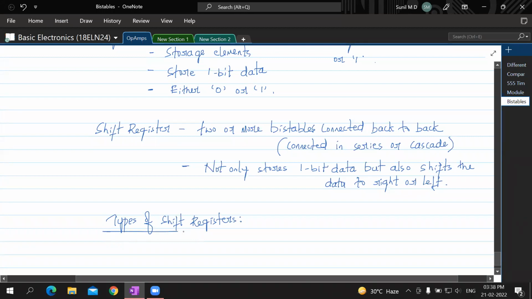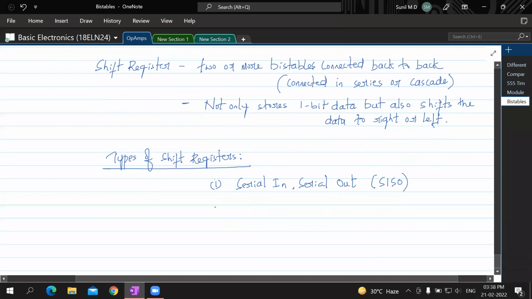Okay, so one is serial in, serial out. So it is called SISO. Fine. The second one is parallel in, parallel out.